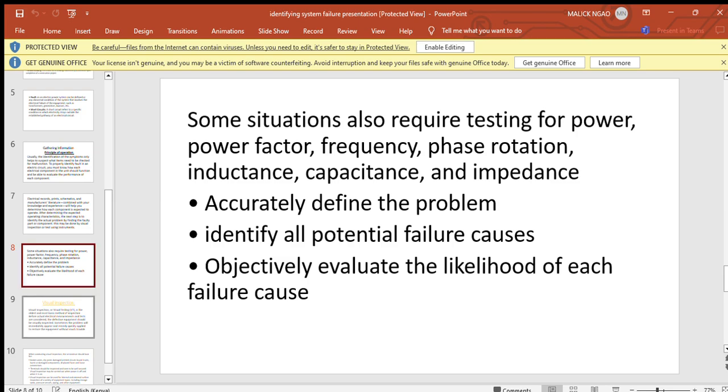When we think of visual inspection, what comes to our mind? Can someone explain to us, and kindly raise your hand so that I can note you? Who can explain to us what visual inspection is?